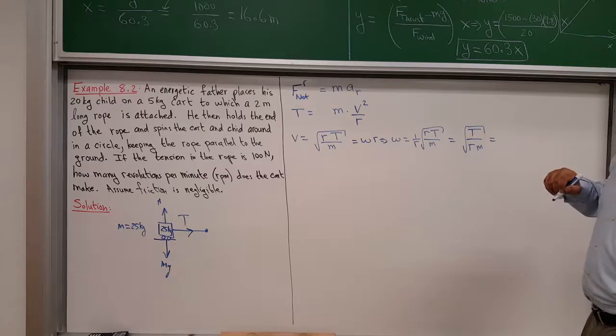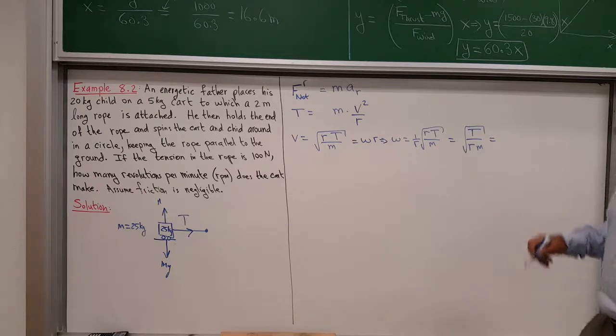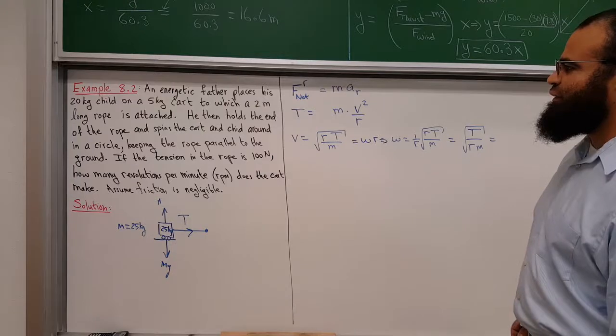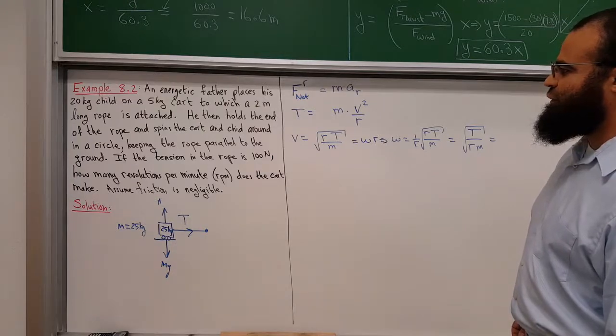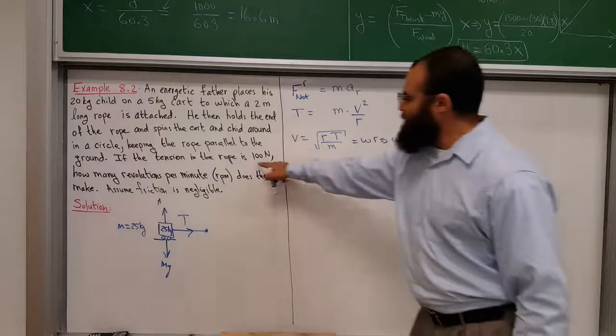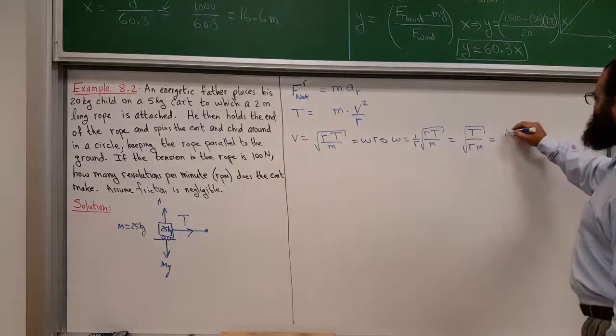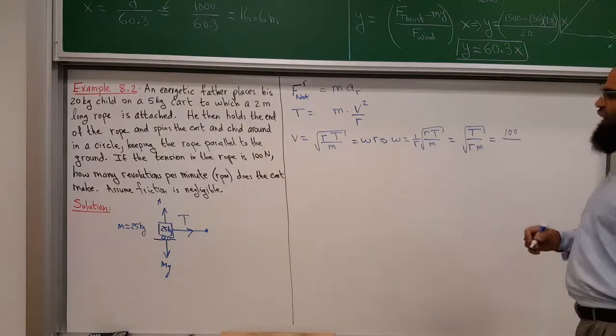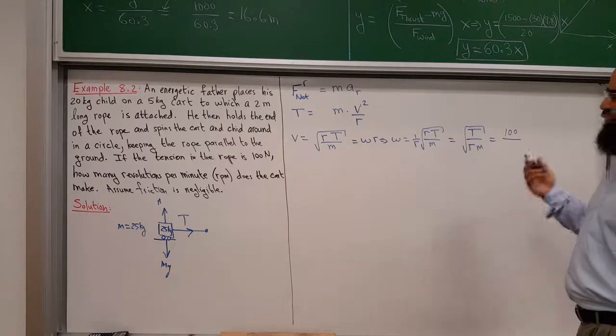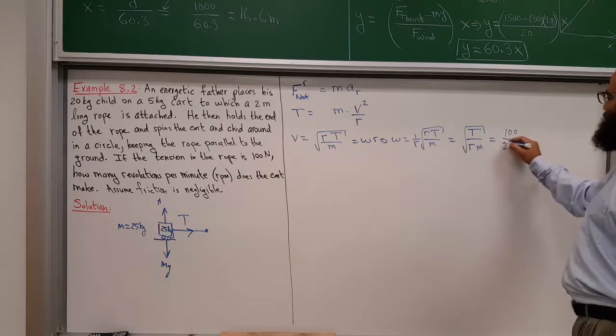So, what's the tension here? The tension in the rope is 100 newtons. What's the radius of this circle? They're telling us that the rope is 2 meters long, so the circle's radius is 2.